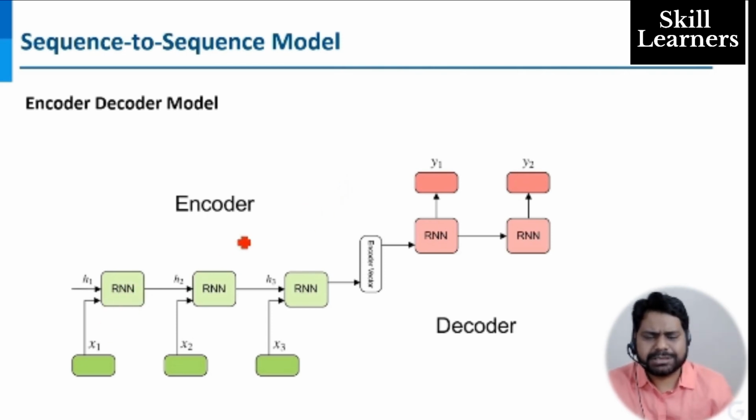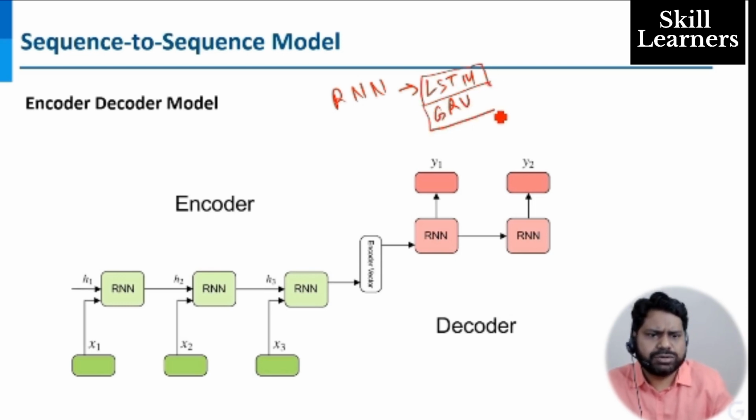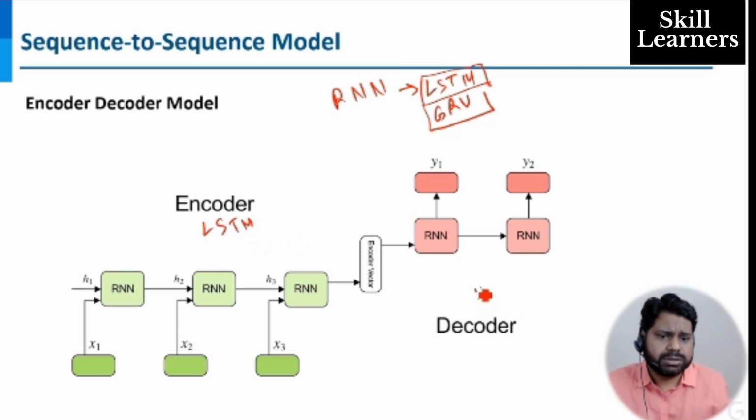So this is the basic structure of the encoder decoder model. Both encoder and decoder use RNN, so it can be LSTM or it can be GRU. But we need to keep in mind that if we are using LSTM, then we cannot use GRU here; we will use only LSTM.